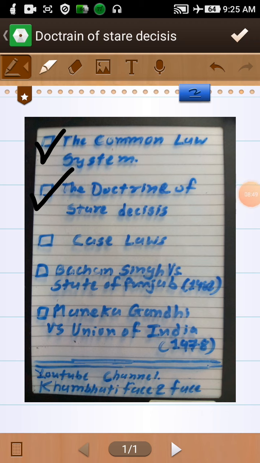Now, there are several case laws on this topic. In Bachan Singh vs. State of Punjab, a similar view was expressed. It was argued that the question of constitutional validity of the death sentence stood concluded against the petitioner by the decision of a constitution bench of 5 judges of the Supreme Court in Jagmohan Singh vs. State of UP, and therefore it could not be re-agitated before a bench consisting of the same number of judges.